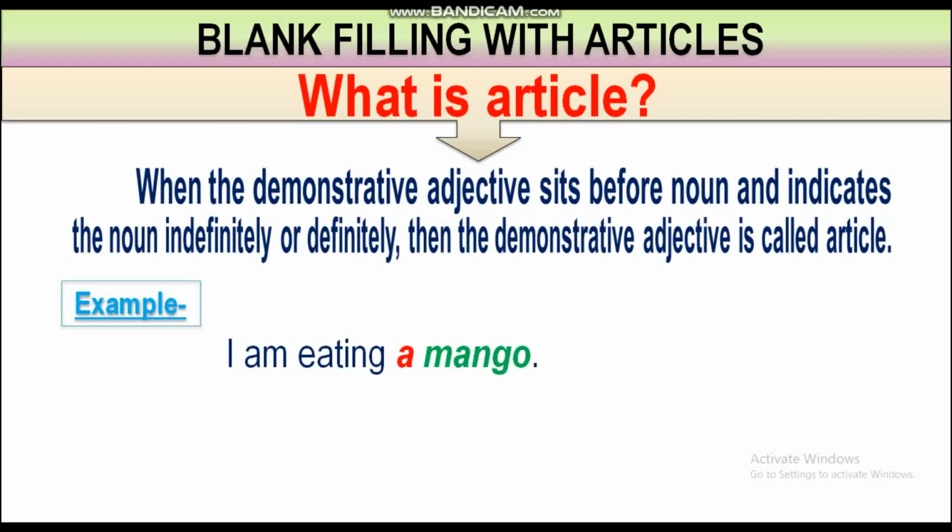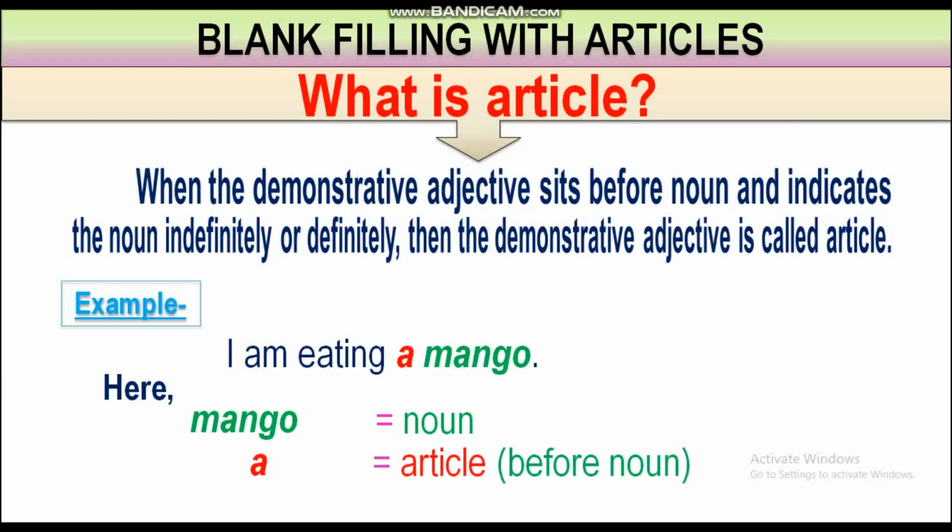I am eating a mango. Here, mango is a noun and a is an article that sits before the noun mango.